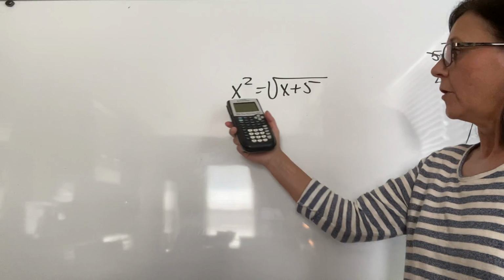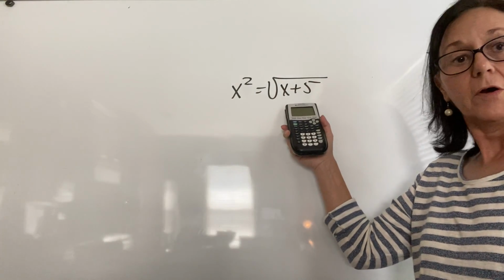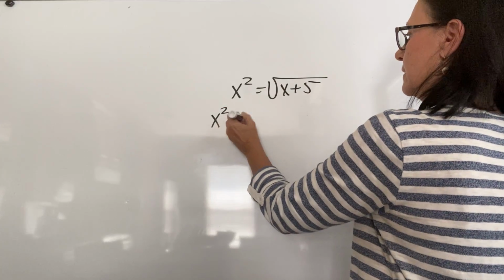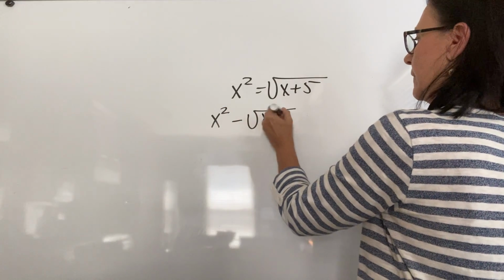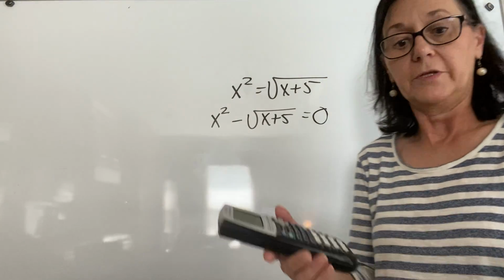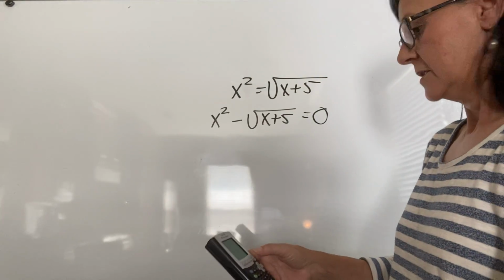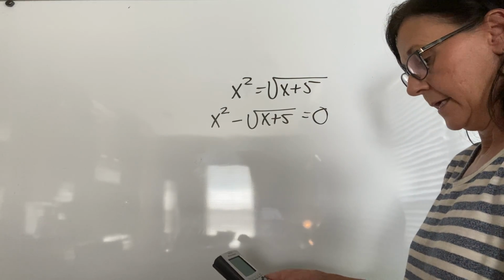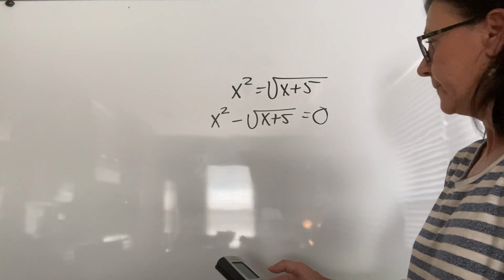Because I have part of the equation that's not under radical, part of it is, I'm going to move this to the other side. And I'm going to just put that into y sub 1. So it's x squared minus the square root.